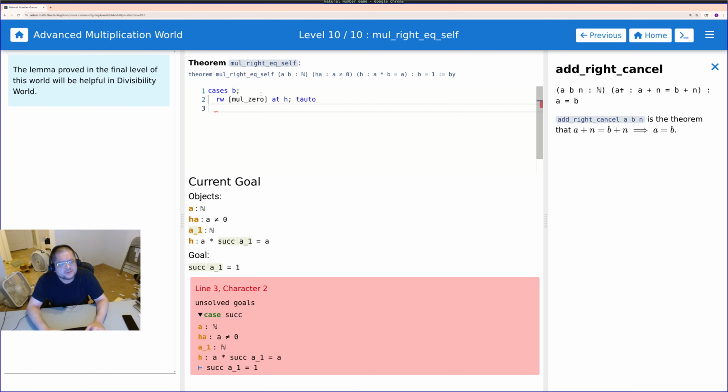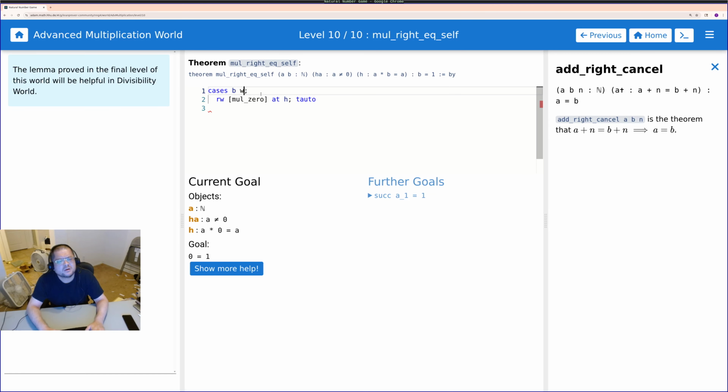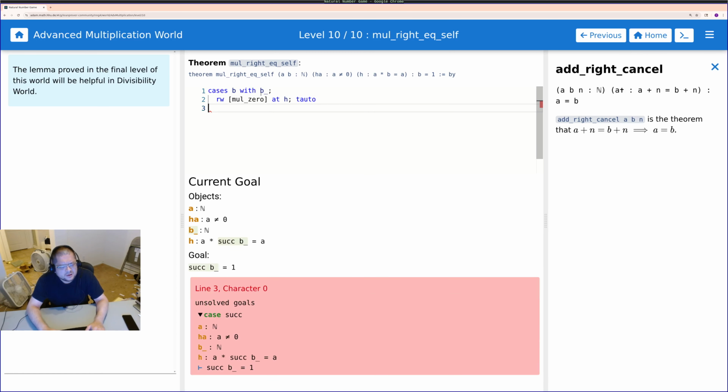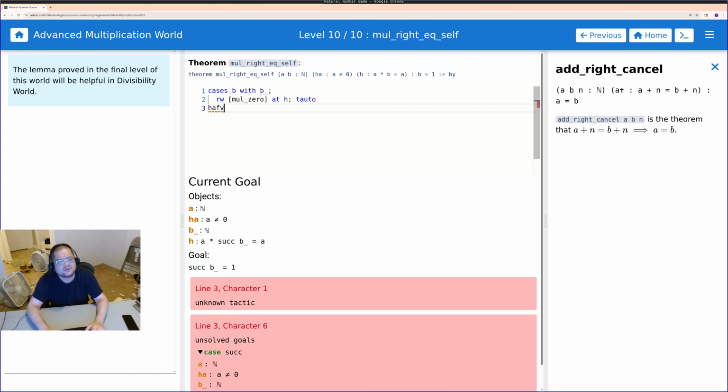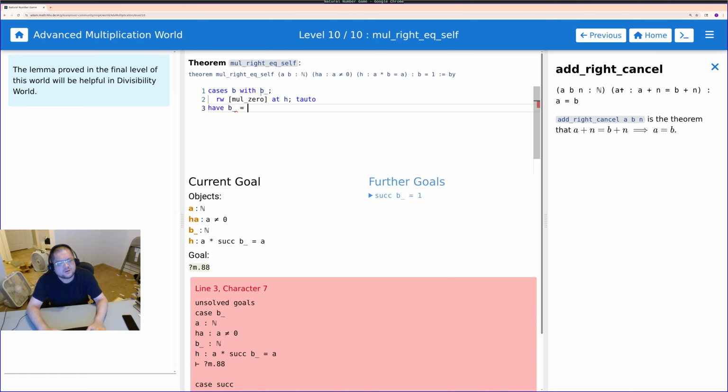Okay. So now the case when b is not equal to 0, so b equals successor of b underscore, we prove this equals 1. Great, so I think I'm going to just make a claim that b underscore equals 0.